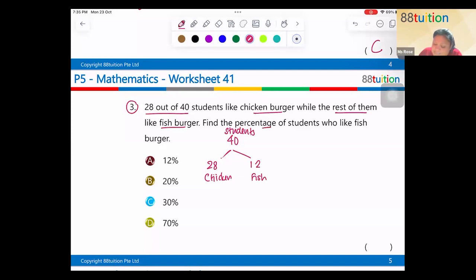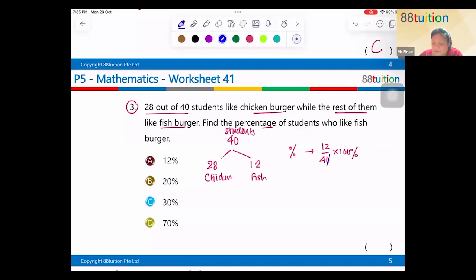Find the percentage of students who like fish burger. That will be 12 out of 40 times 100%. Please remember, it is multiplied by 100%. No calculator, that means you can do cancellation.